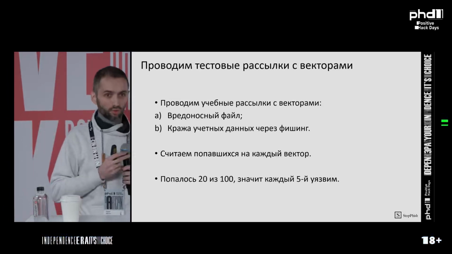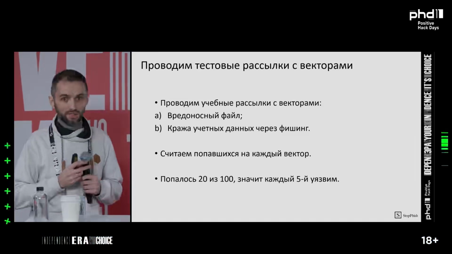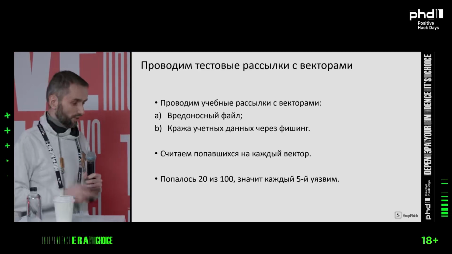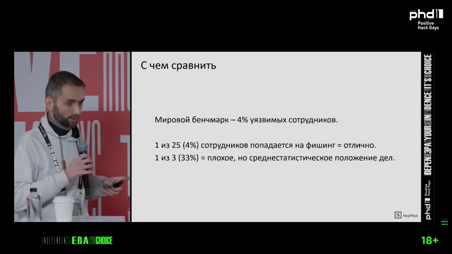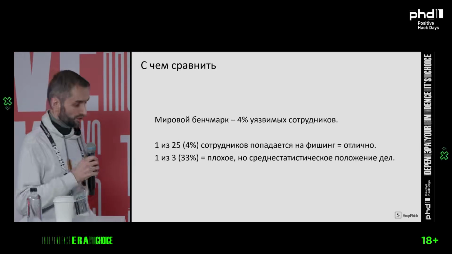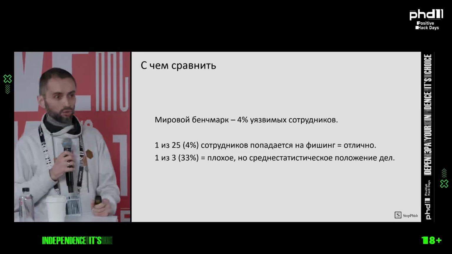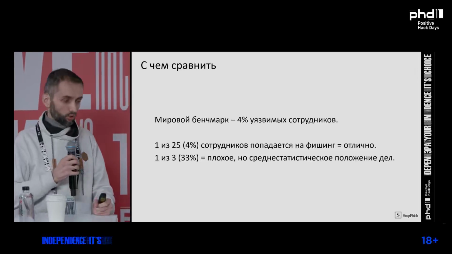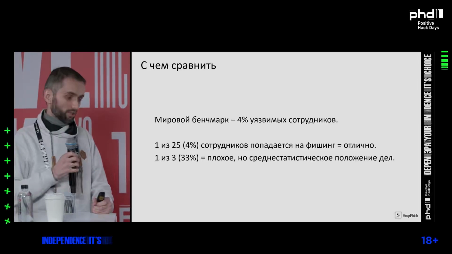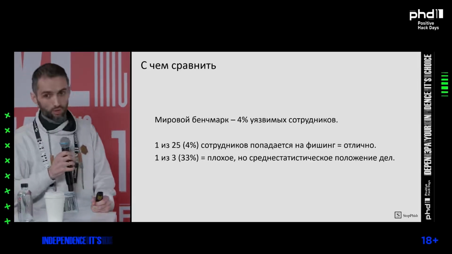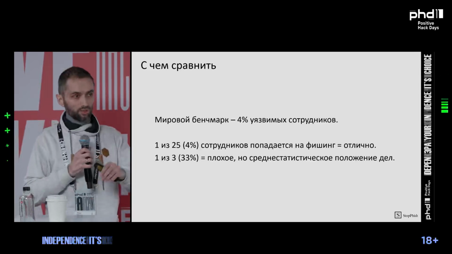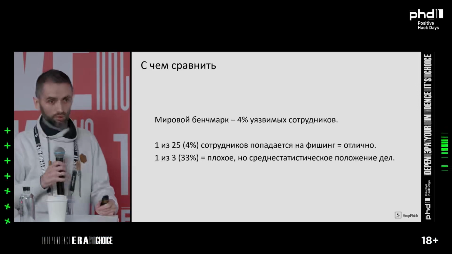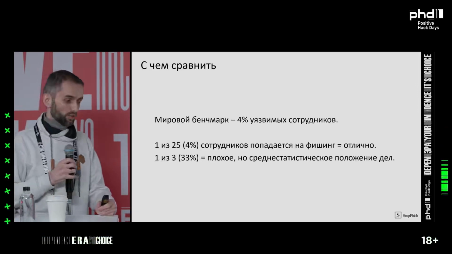And I'll give you an example with every victim of every vector. So for 20 out of 100, we will say that, of course, every fifth person is vulnerable. And if you send those two mailing distributions, then you can benchmark. The worldwide benchmark would roughly say that it's 4% of vulnerable personnel.